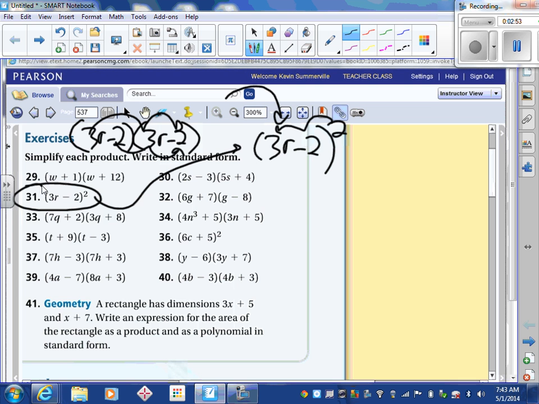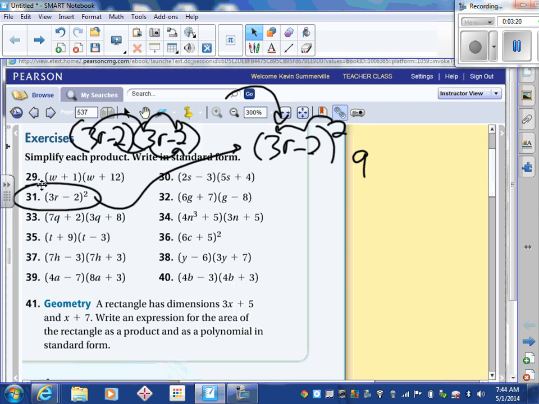And we know we need to square the first number and the last number. But we're also going to have a middle number. So remember our rule, the trick that we came up with, is we have to take this 2 times this 3R. And so we're going to get 3 squared is 9.